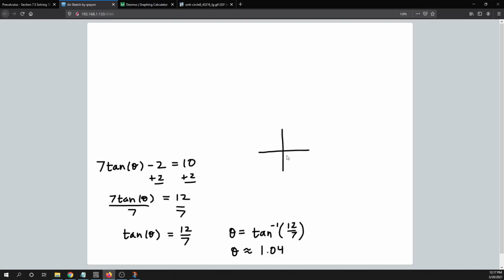And so the first thing that you need to remember is for tan inverse, tan inverse is going to give you answers from minus pi over 2 to pi over 2. So in this half of the unit circle.